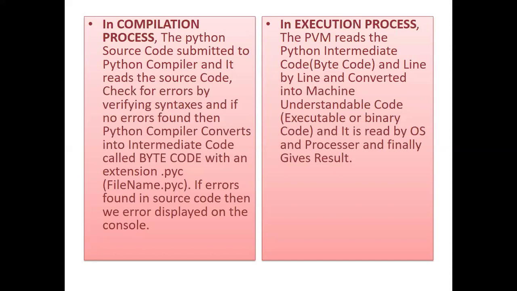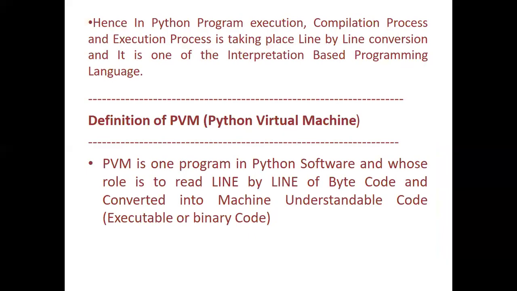Let us understand it better with the help of a flowchart. But before that, let me tell you that in Python program execution, the compilation process and execution process take place with line by line conversion, and it is an interpretation based programming language.